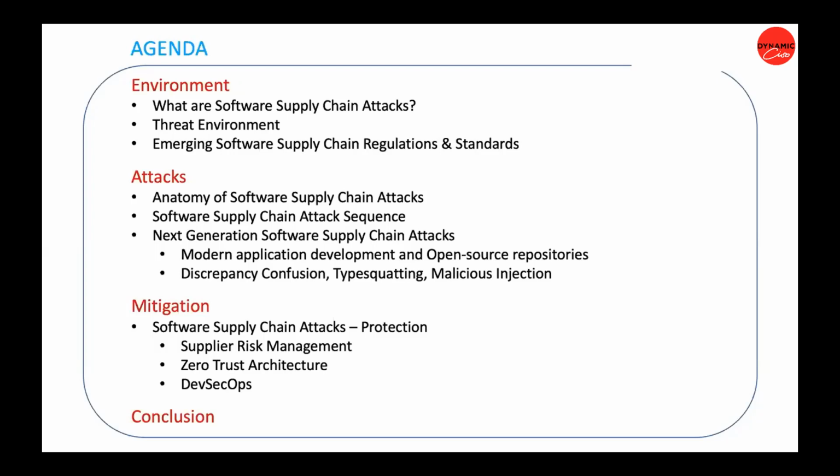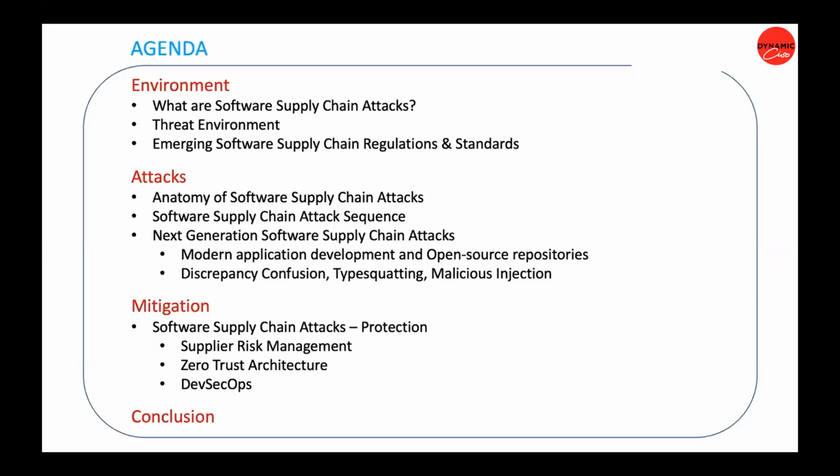And we will cover the top three, in fact, which account for almost 97% of the software supply chain attacks today. That's dependency confusion, typosquatting, and malicious injection.